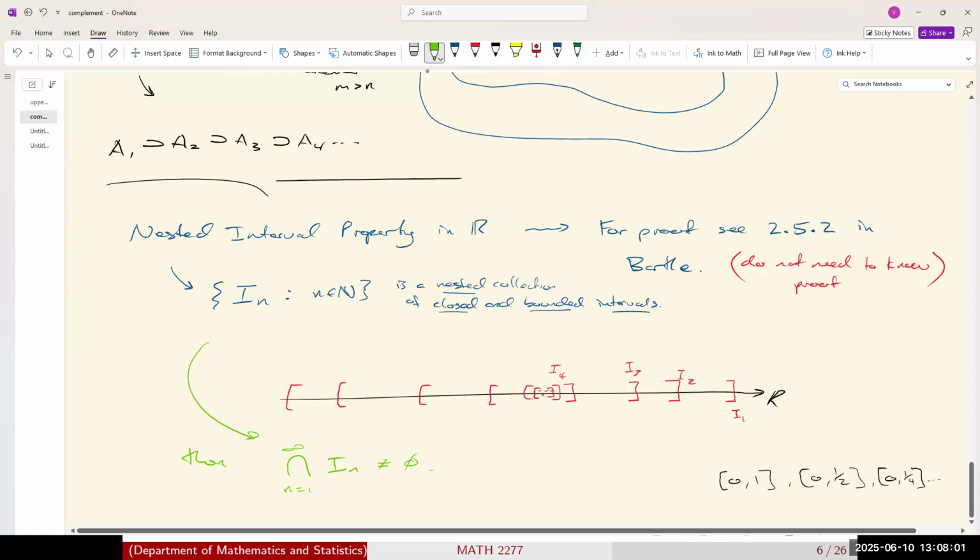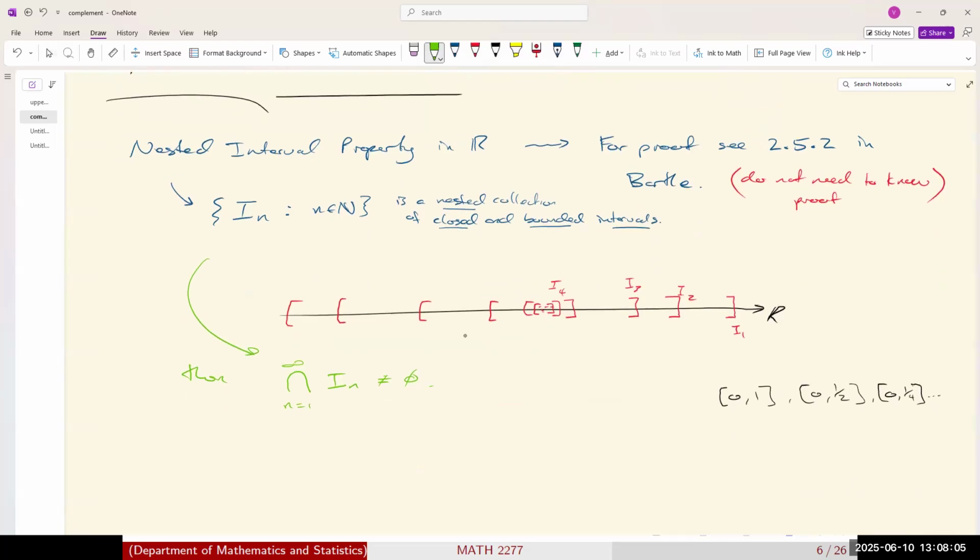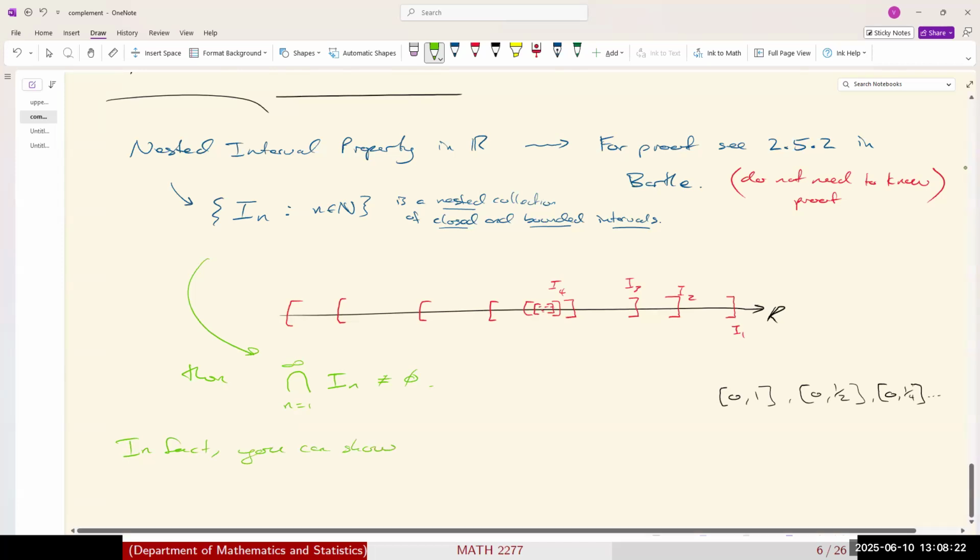In fact, you can show, so the nested interval property just says that the intersection is non-empty. But in fact, you'll see the proof in the book for this. You can show that not only is the intersection non-empty, there is only one element in the intersection.